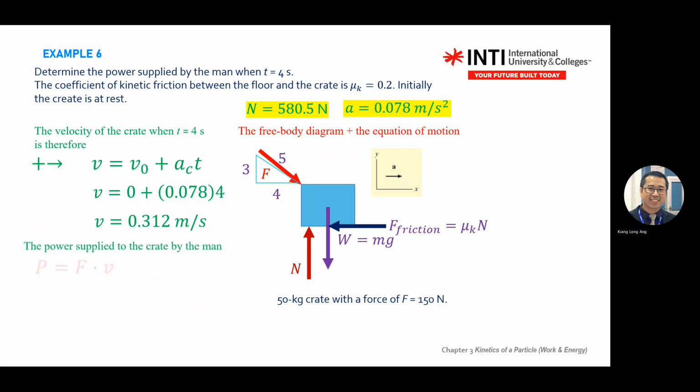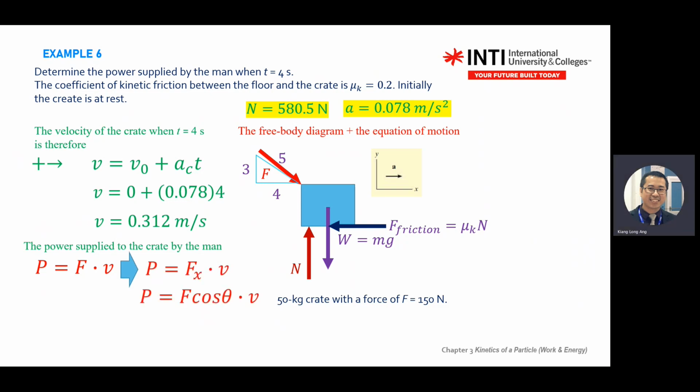Okay. So for the power, straight away you use F dot V to get, in this case, in X direction, you take the F direction, multiply by the V. Again, here we are dealing with vectors. When you use dot products that link to the vector, they must be parallel.